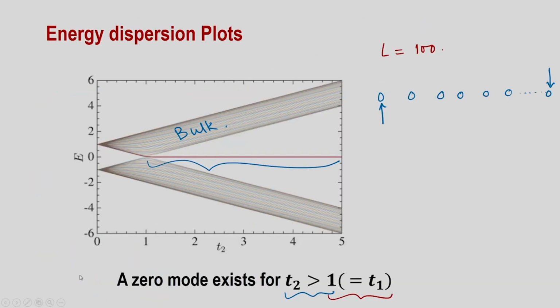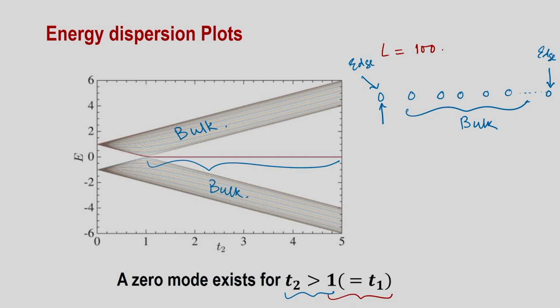So, there are 0 modes. The bulk has a gap in both the cases, that is, the bulk states, these states, these are bulk, and this is the edge, the left edge, and this is the right edge. So, these are the bulk states which are here and here.